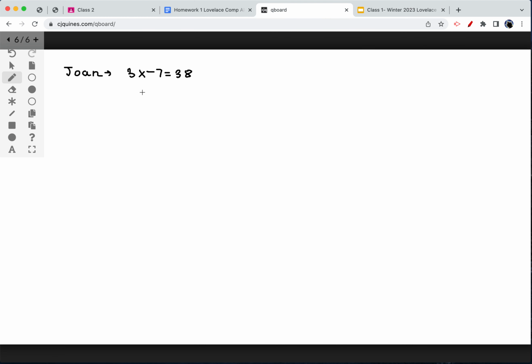So first thing we should do is solve for x here, since we're given that Joanne was right. So can anyone tell me what x would be here? Yeah, so x would be 15.